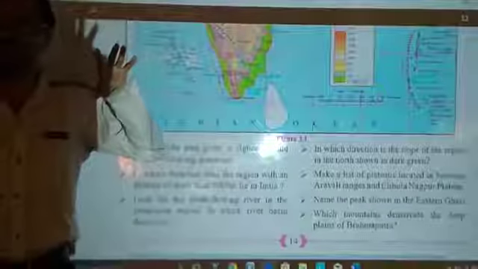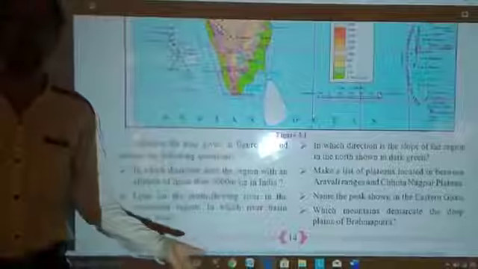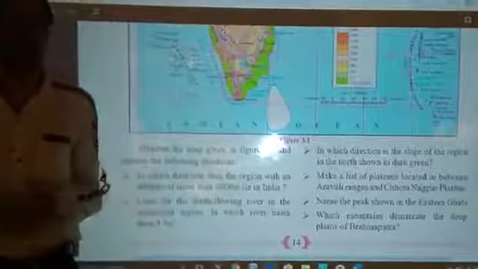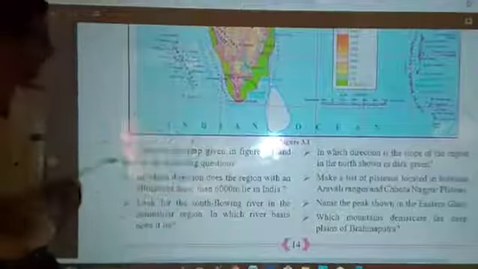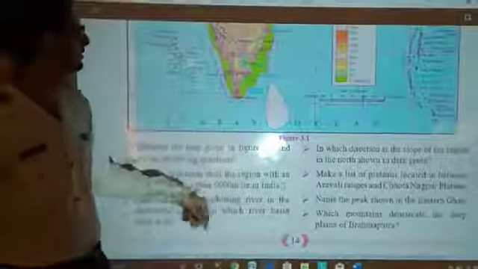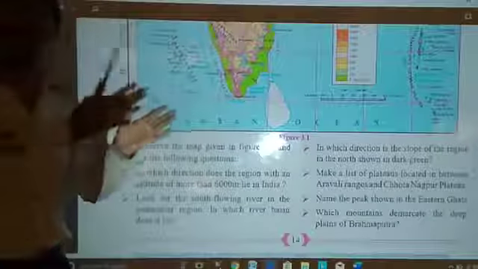Altitude increases from south to north, and the northern region has the highest altitude even in the world, because of Mount Everest, Mount Kanchenjunga and K2, which you know very well. So it is in the northern direction.